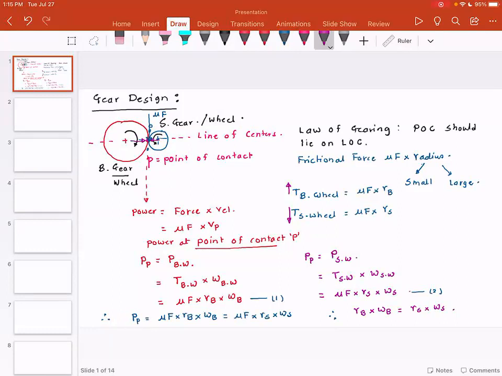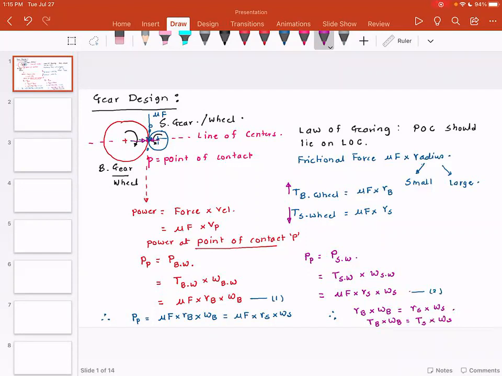Or the alternate form of the relationship, which is T_B times omega_B is equal to T_S times omega_S.